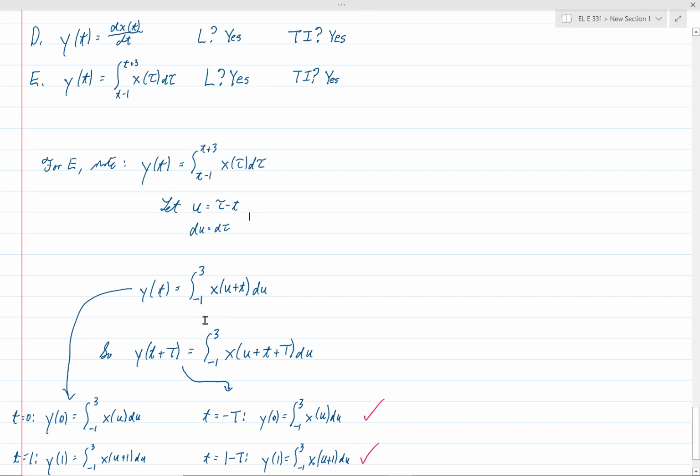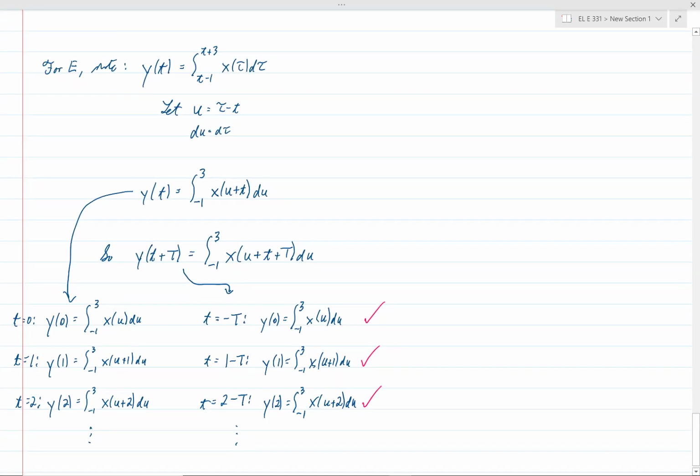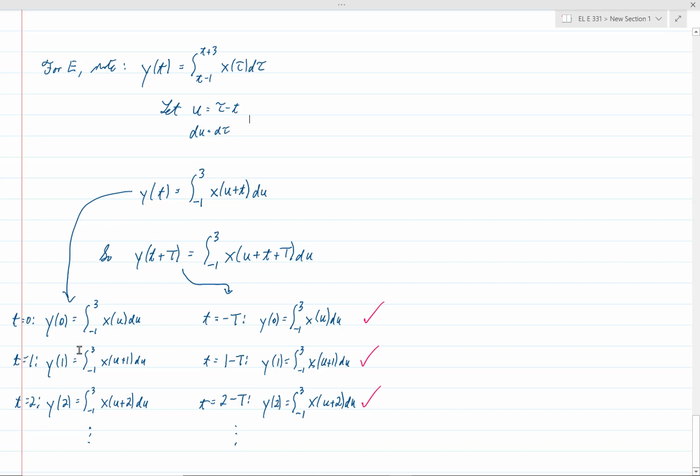Now when we replace t in both the argument of y and in the argument of x by t plus capital T, or t plus tau, whatever you want to call it, we will get this, and then we can check and see. Now we have the equation written like this. We can check at t equals 0, we would get this. At t equals 1, we get this equation, and at t equals 2, we get this. But if we check this altered equation at t equals negative t, we would get this, which of course is identical to that.